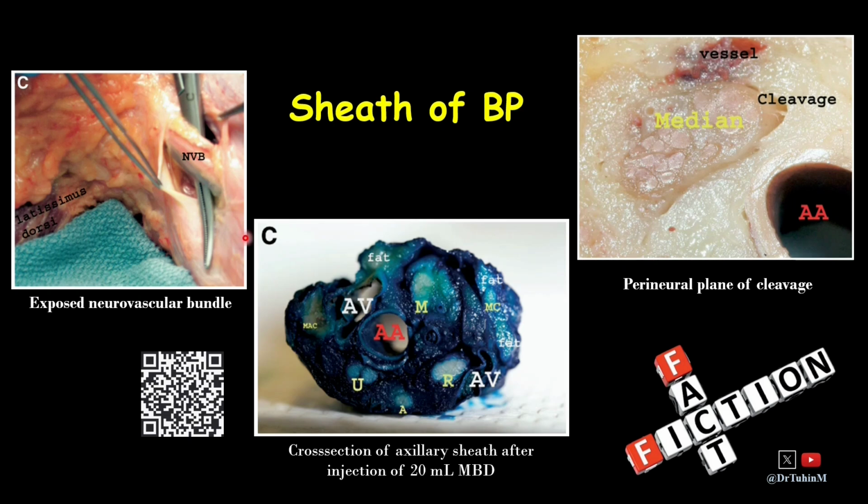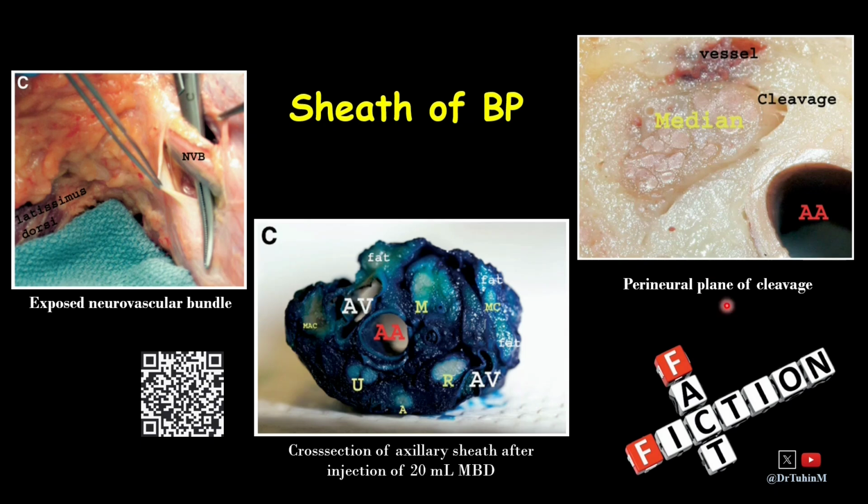This cross-sectional view taken after methylene blue dye injection shows the dye encompassing all the major nerves. On the upper right corner, you are seeing the magnified view of a cross section of a sheath just distal to the formation of the median nerve.